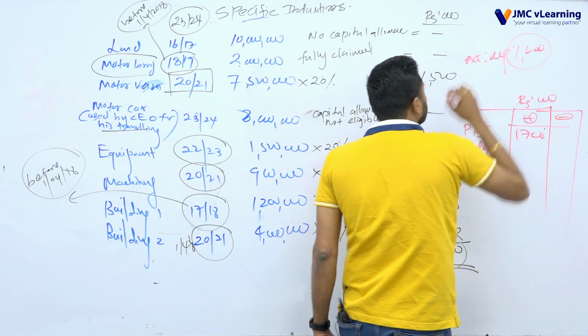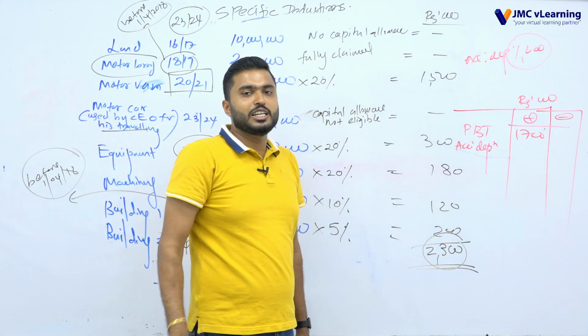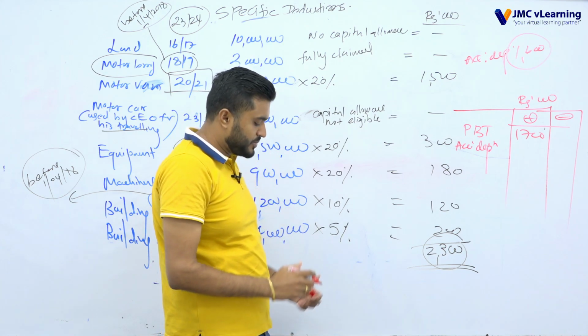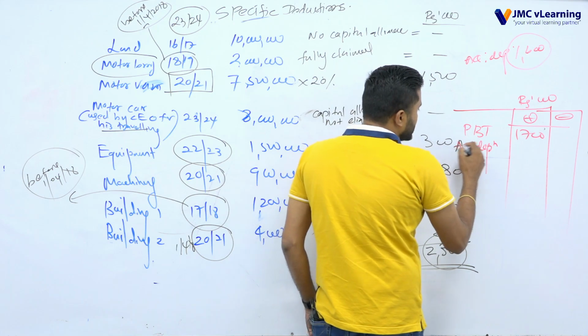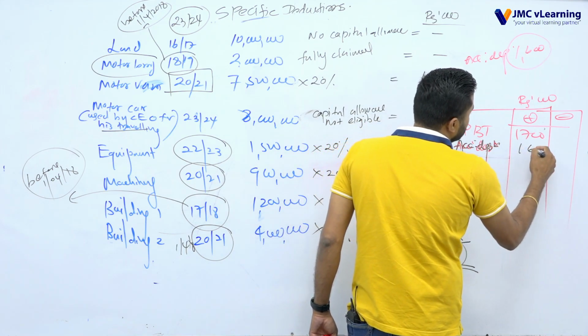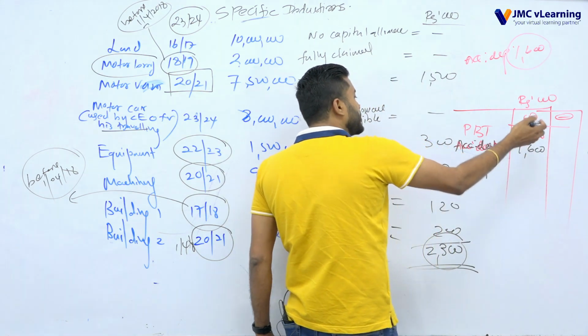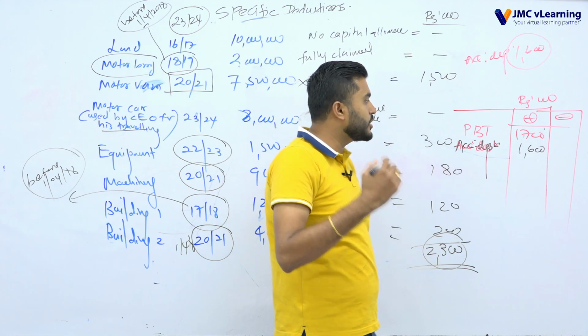So my dear students, accounting depreciation for tax purposes is not an allowable expense. If it is not an allowable expense, what do you need to do? The accounting depreciation, you have to add back 1600, because when you calculated this profit, that 1600 was already deducted, therefore you have to add it back.